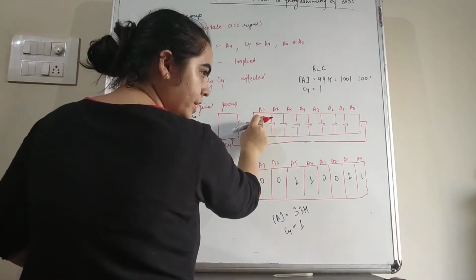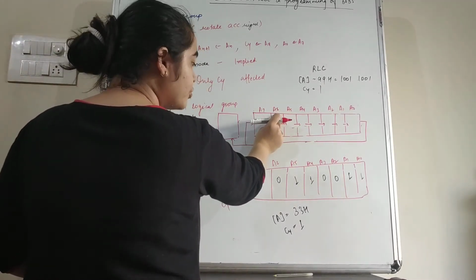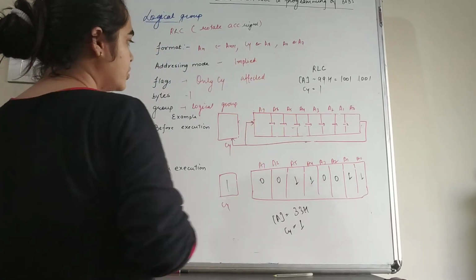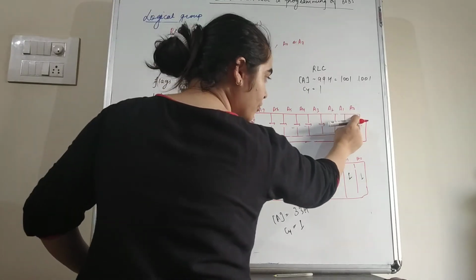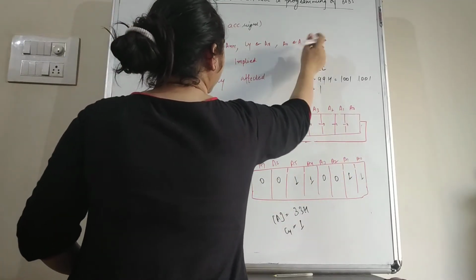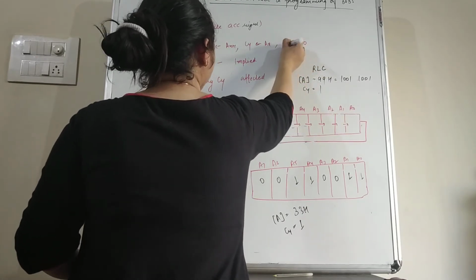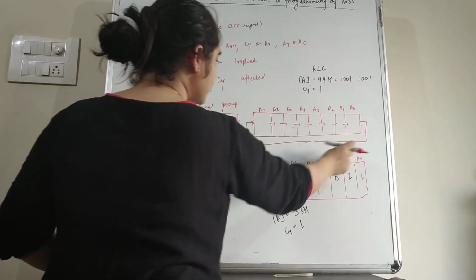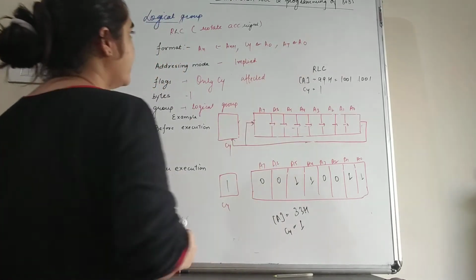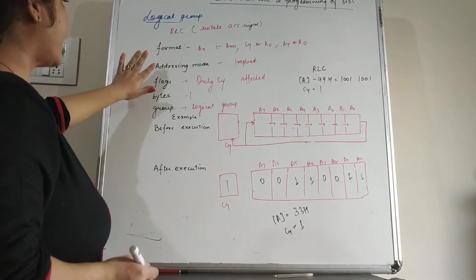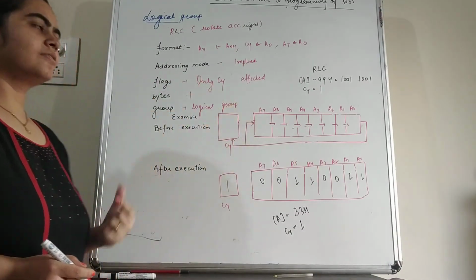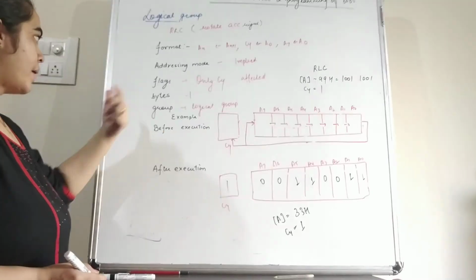The value of An+1 will be shifted to An, and the value of A0 will be moved to A7, as well as the value of A0 will be moved to the carry flag. Addressing mode is implied. Flags, only carry flag is affected. 1 byte of memory is occupied.